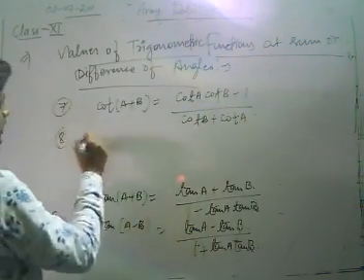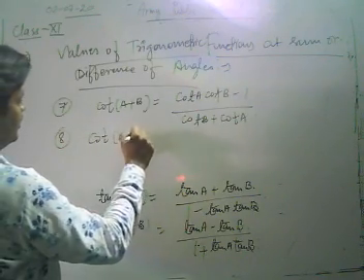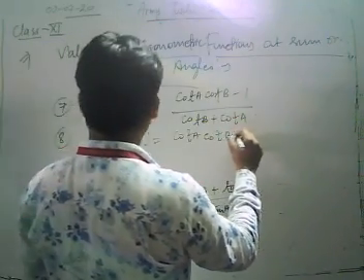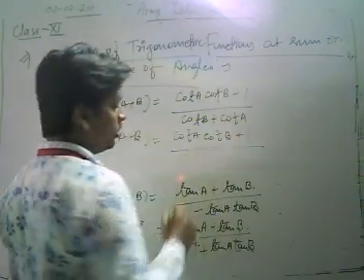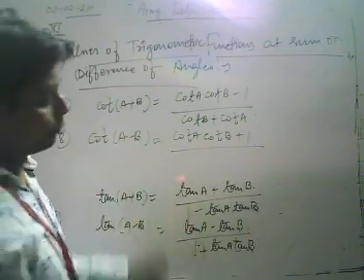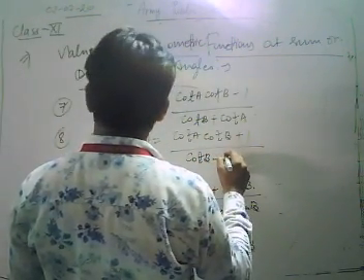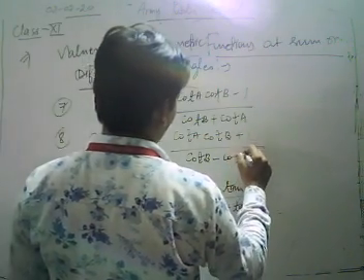And the eighth one, cot(a minus b), is cot a cot b plus 1 upon cot b minus cot a.